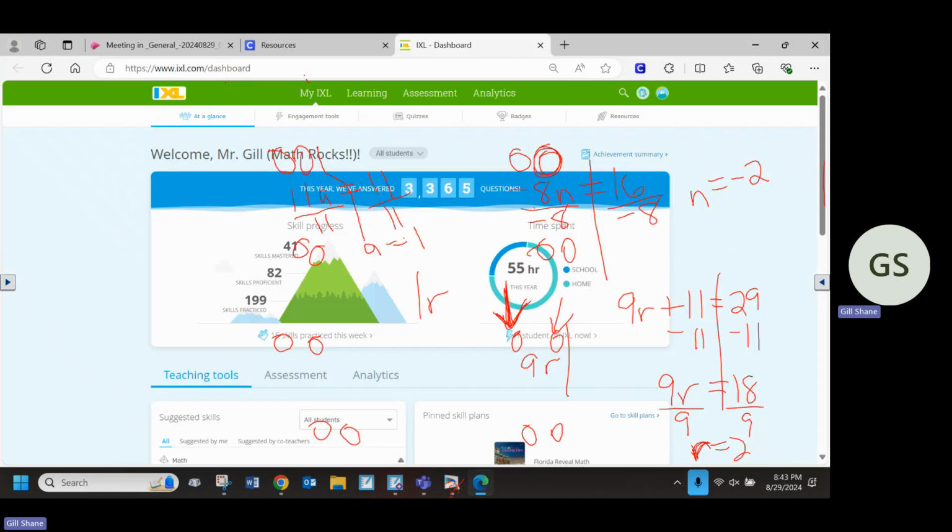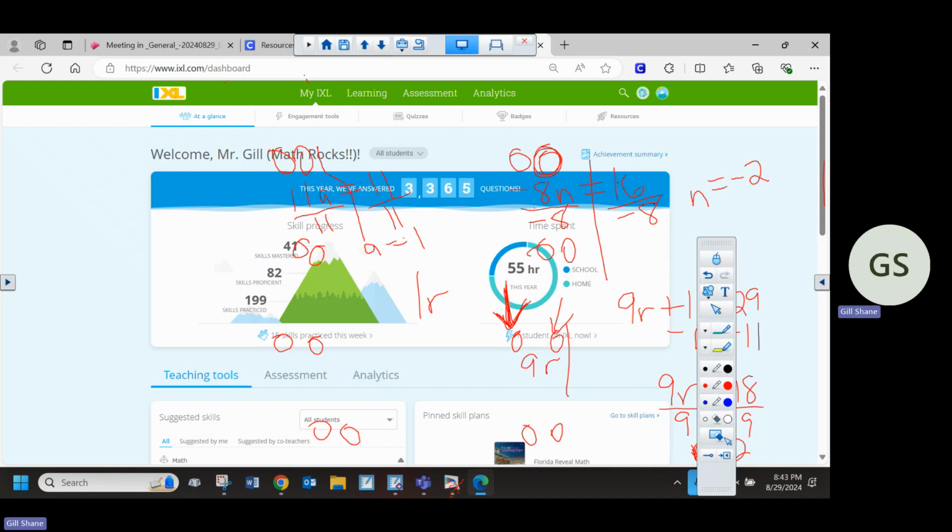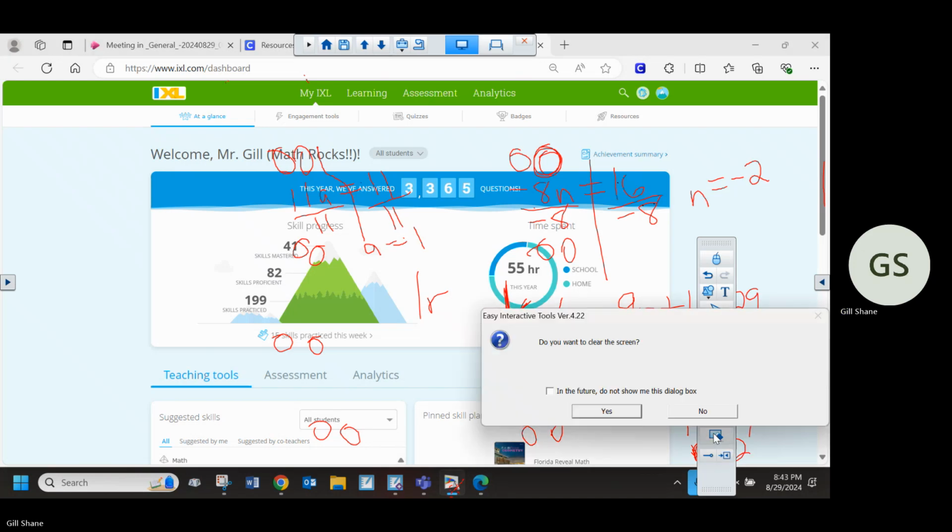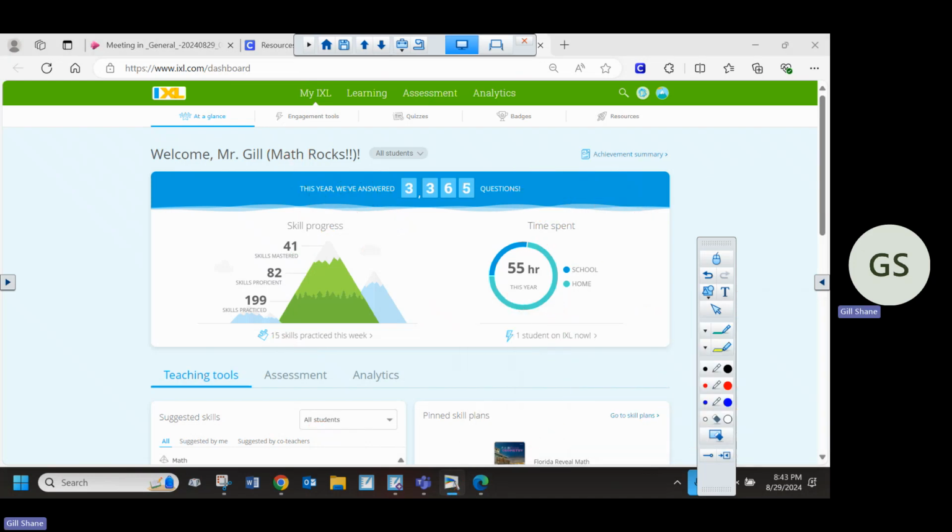So I've already, in the past, I did this. I assigned a whole bunch of IXLs. Still making marks. Can I do that? Oh, there we go. All right, now we're in business. Yes, I do. All right, so I may go back and do a couple more now that I figured out how to do it.